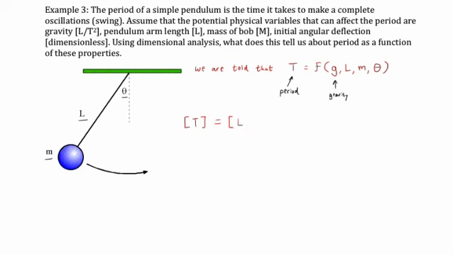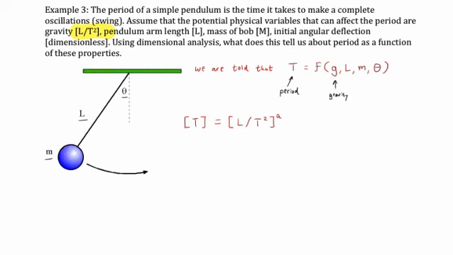Now it turns out that the dimensions of gravitational acceleration are L over T squared, which is specified in the problem above. All right, we're told that gravity has dimensions of length over time squared. Okay, so that's going to be raised to some power. I'm going to use a, b, and c, and so on to represent the variables that we're solving for, which are the powers of the different dimensions.